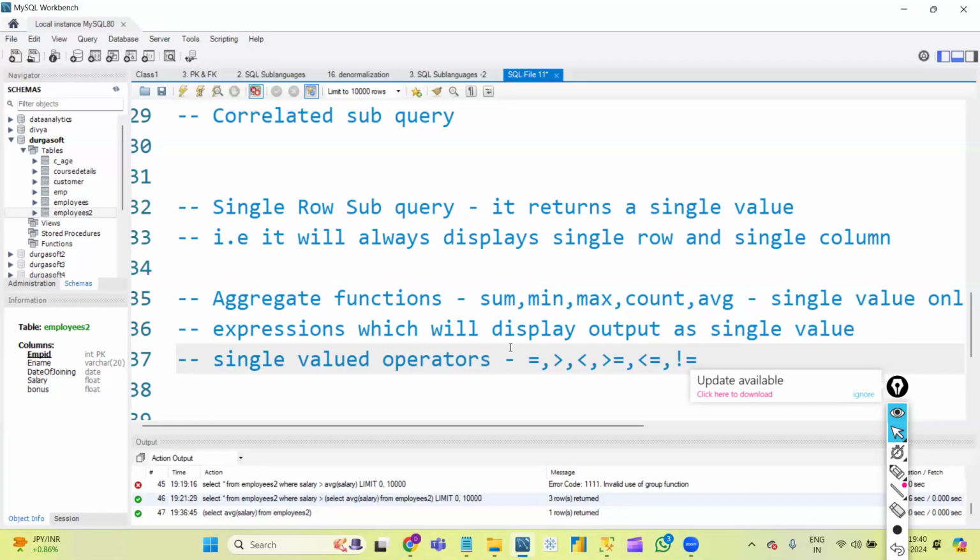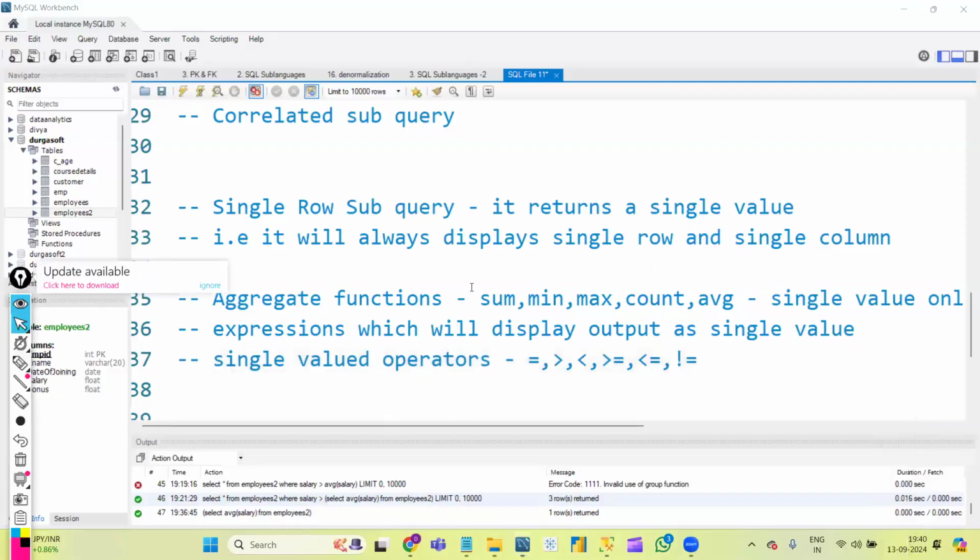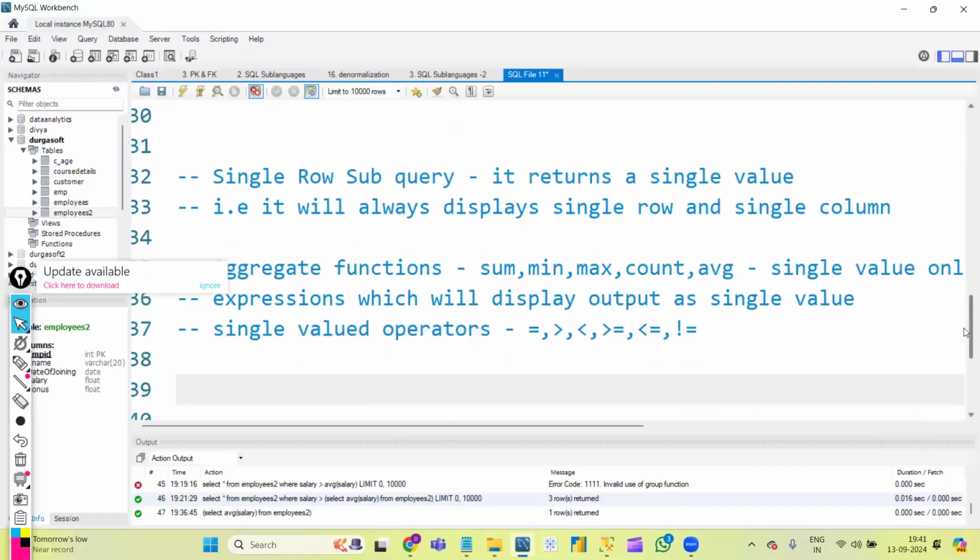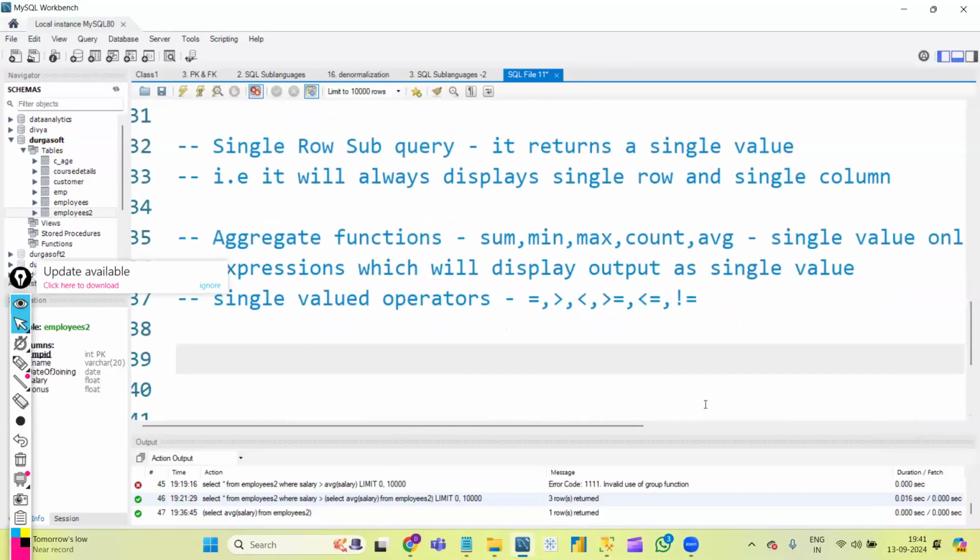Whenever we compare any statement with equals to, suppose I wrote the same thing here and gave some value.